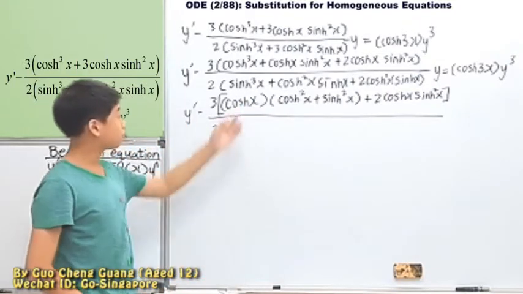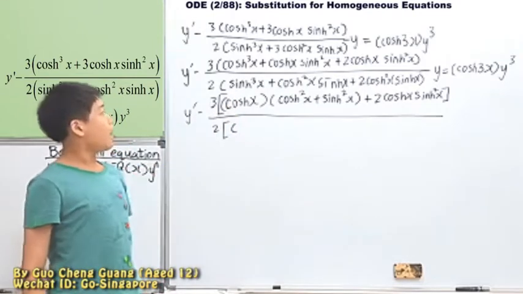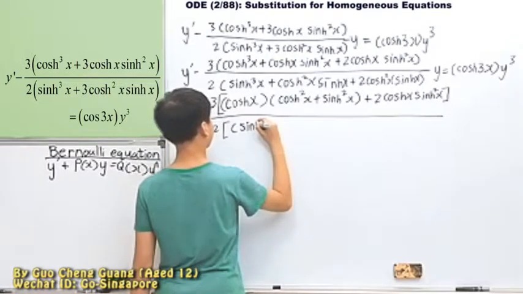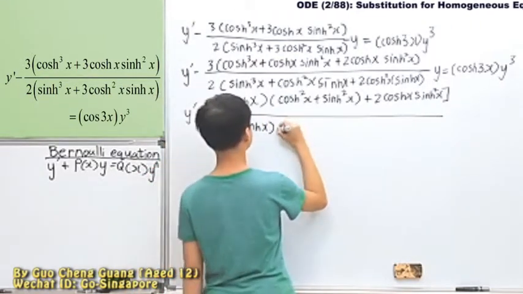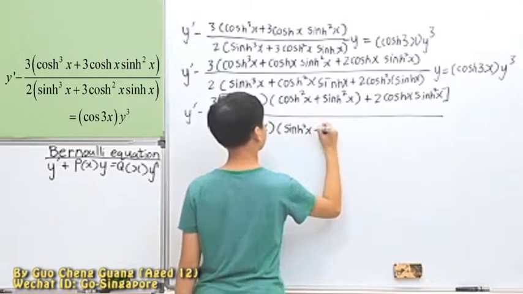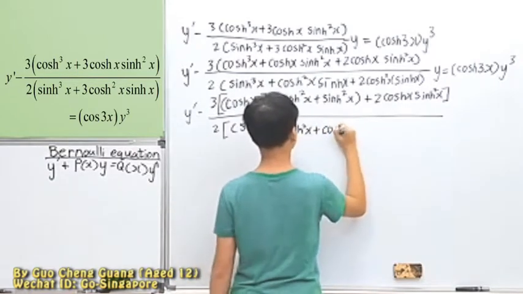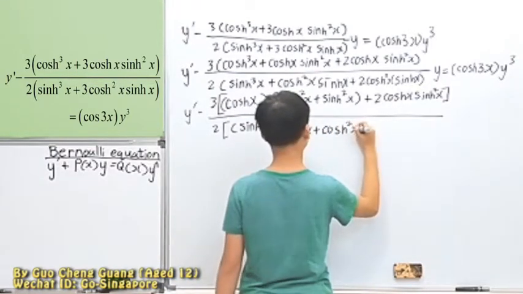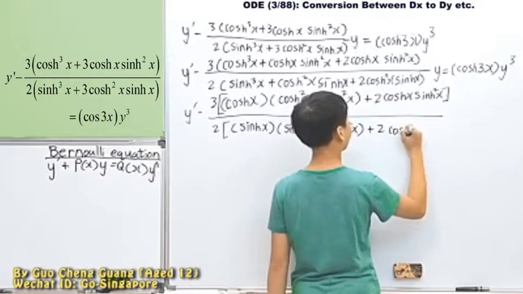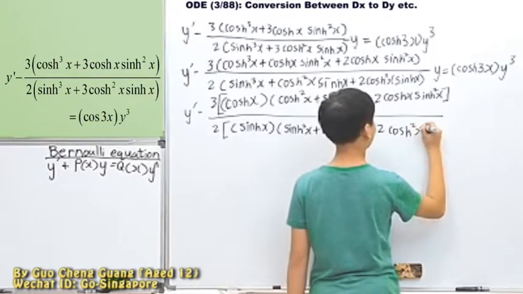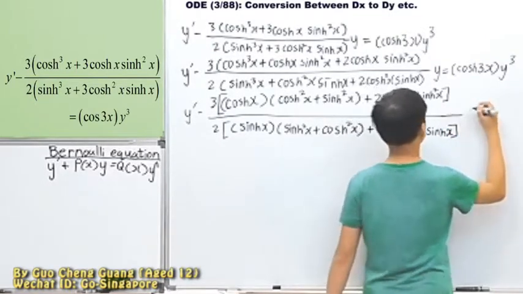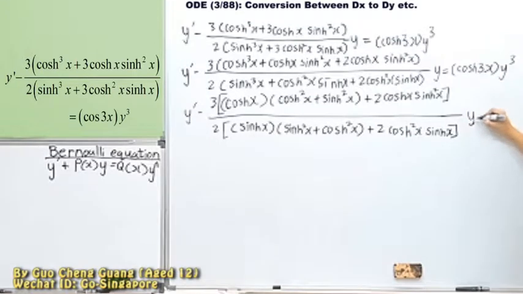Then from this part, you can factorize this hyperbolic sine. Okay, then at this part, we'll just be writing down the others.